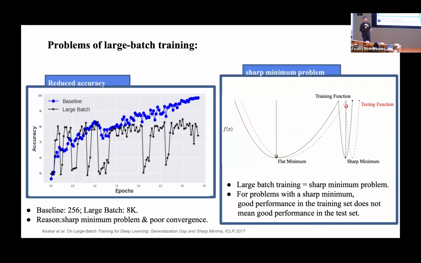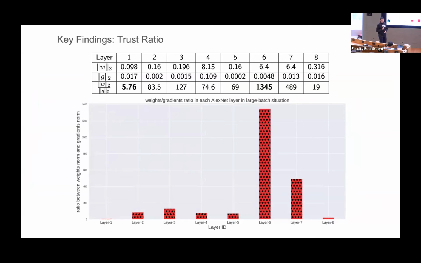So the generalization is very good. But for large-batch training, even if your training accuracy is very high, the testing accuracy can be very low.